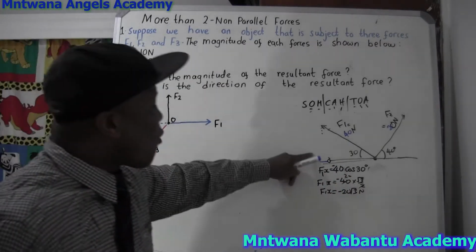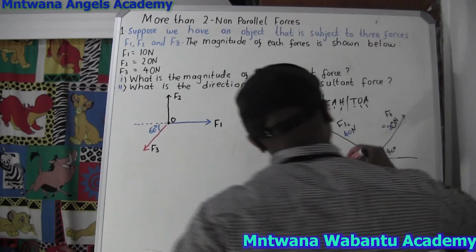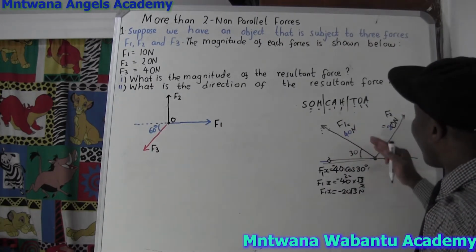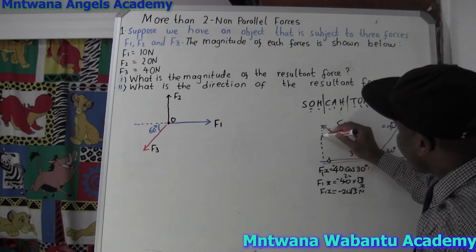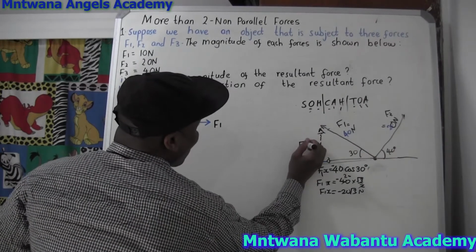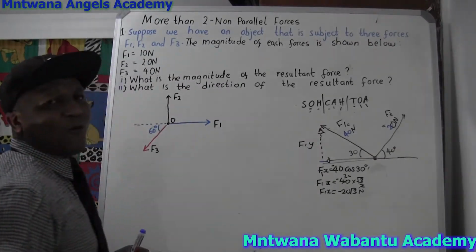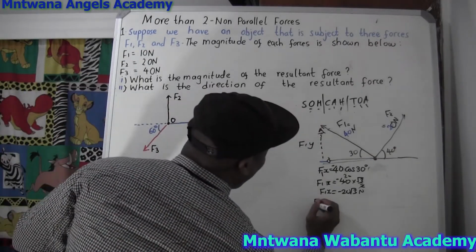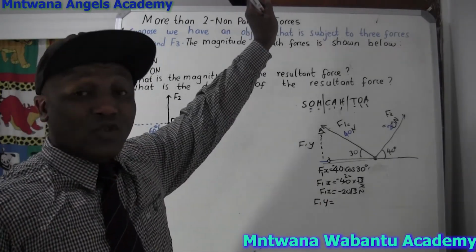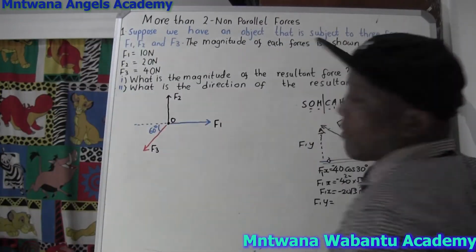Now, let's get F1y. F1y is the component of this force which is going to be moving forward. F1y is easy, man. Anything which is vertical has to do with the sine, but you must multiply by the hypotenuse.